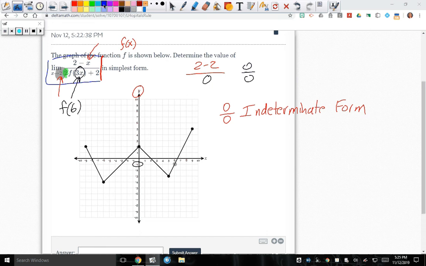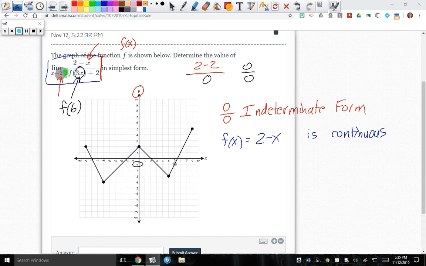Okay, so the very first thing that you're going to do is state that each function individually is continuous. So let's say that f of x is the top function. So f of x is equal to 2 minus x is continuous. That means it doesn't have any holes or gaps, removable discontinuities.